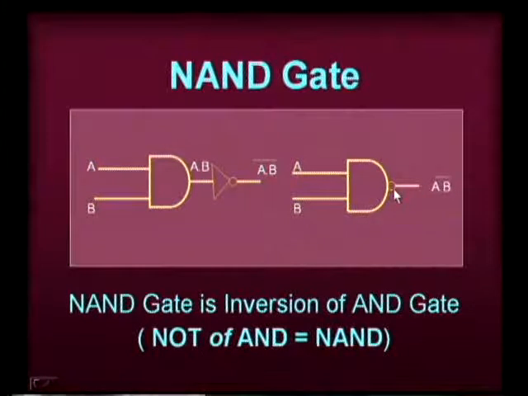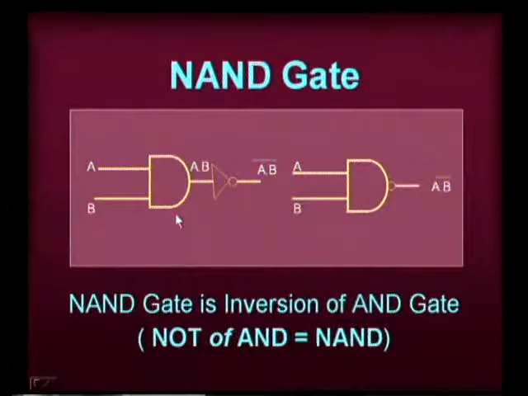The symbol for NAND gate is the AND gate followed by a bubble. So, given the inputs A and B, you get the output as (A and B) complement. Here we define the NAND gate operation: the NAND gate is the inversion of AND gate, or the NOT of AND.